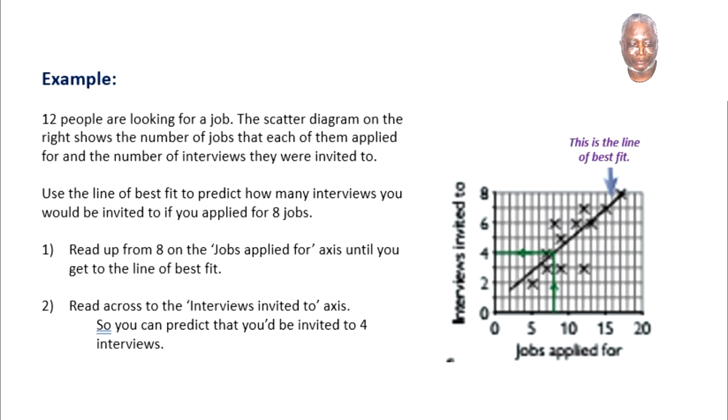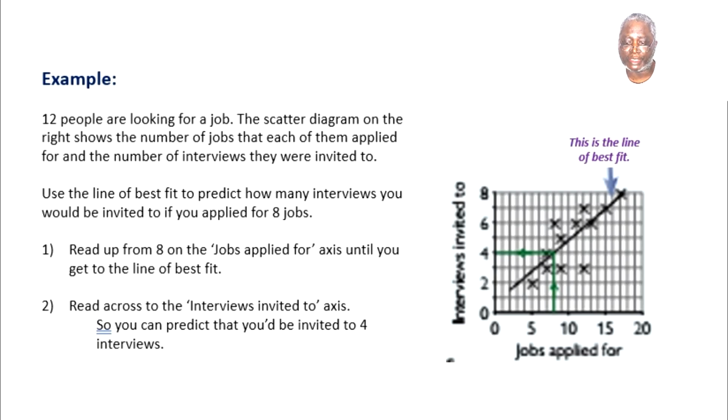Read up from 8 on the jobs applied for axis until you get to the line of best fit, and then read across to the interviews invited to axis, so you can predict that you'd be invited to 4 interviews.